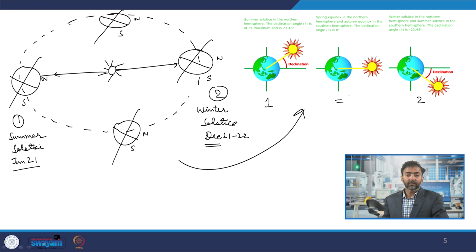As you can see in these figures, we are defining declination as this particular angle between the beam of radiation from the sun and the equatorial plane. So, that is how the declination angle is defined.